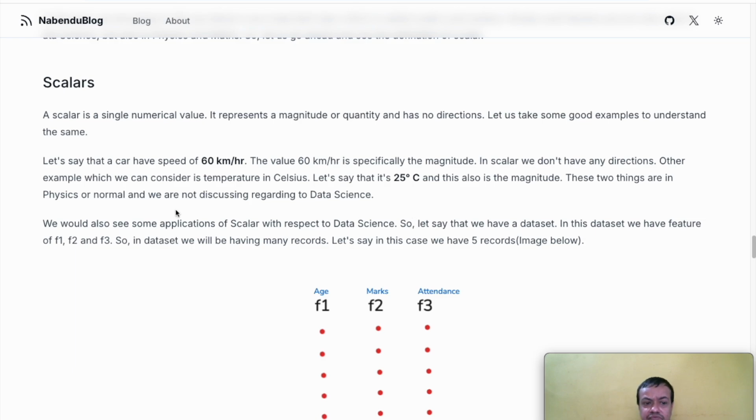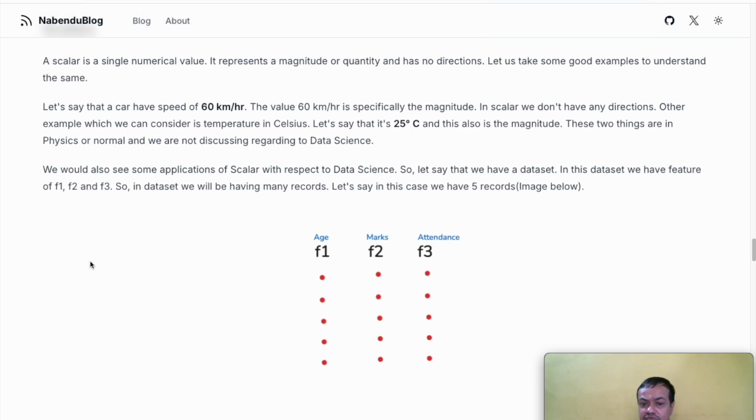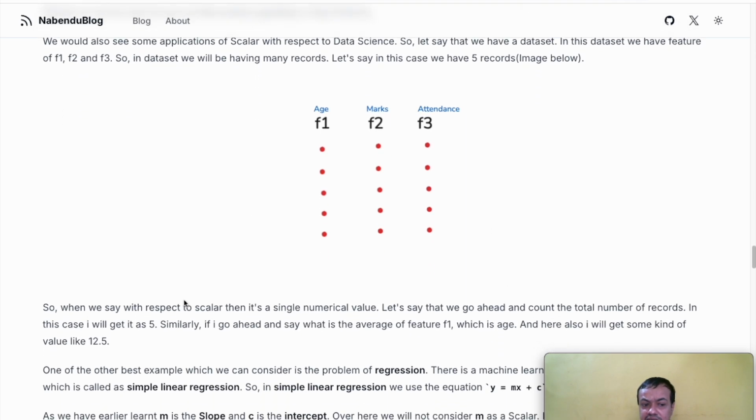We would also see some other applications of scalars with respect to data science. Let us say that we have a data set. In the data set, we have features F1, F2, F3. In the data set, we'll have many records. Let us say we have 5 records, with age, marks, and attendance. A scalar is a single numerical value.